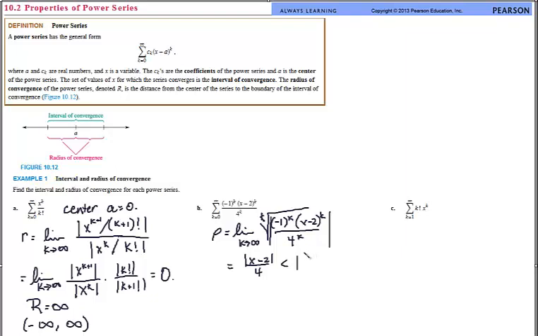So if this is the case, that means that, doing a little bit of algebra, x minus 2 has got to be less than 4, which then means that x has got to be in between negative 2 and 6. So my interval of convergence is then going to be negative 2, 6.